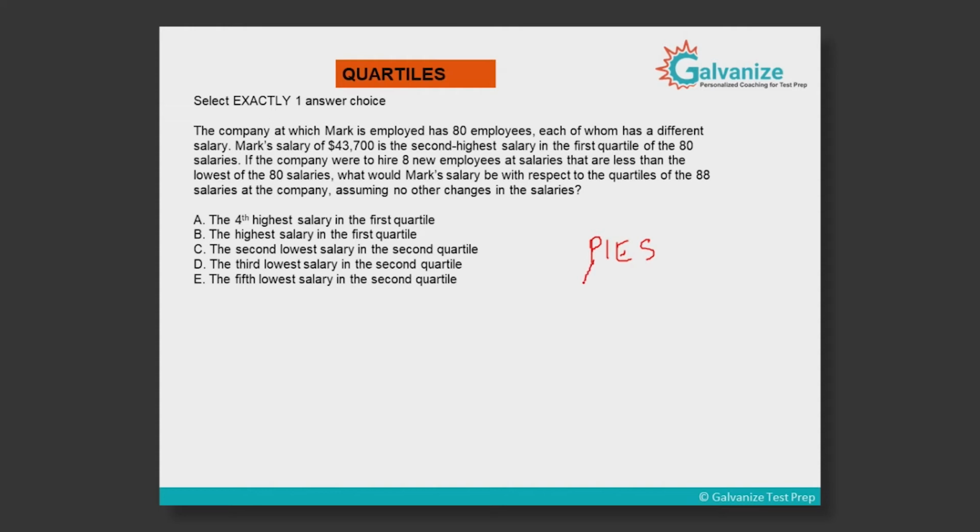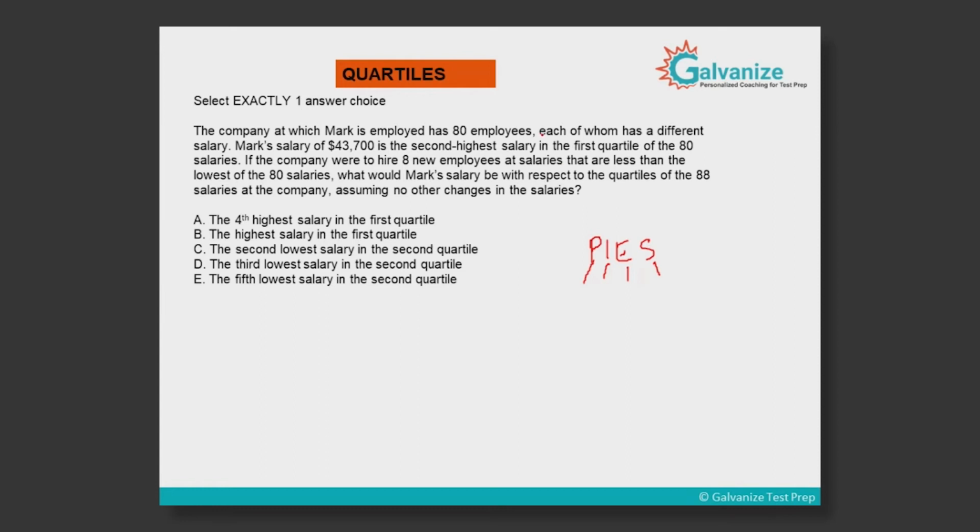That is, break it into parts, collect the information, connect them in the form of a table or a diagram, frame an equation, and then solve them. That's the best way to approach word problems. So breaking it into parts is very, very important. If you read it as a whole, you will not be able to understand what this particular problem means. As I told you, there will be at the most 1 or 2 questions with respect to quartiles in GRE.